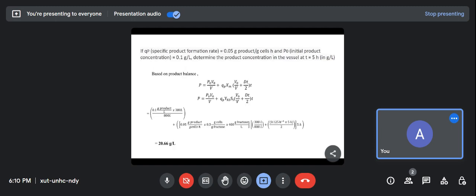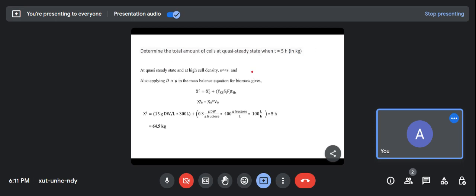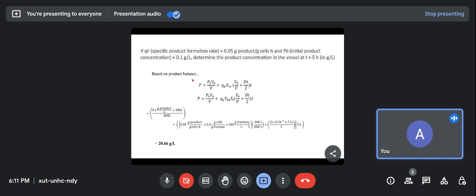Okay. Now let's move on to the next question. So if the specific product formation rate is given as 0.05 gram product per gram cell, okay, and P naught, which is the initial product concentration, is 0.1 gram per liter. You have to determine the product concentration in the vessel at time equals to 5 hours in gram per liter. Okay. So, like we had done in this question where you had the mass balance equation for the biomass, we have the mass balance equation for product.